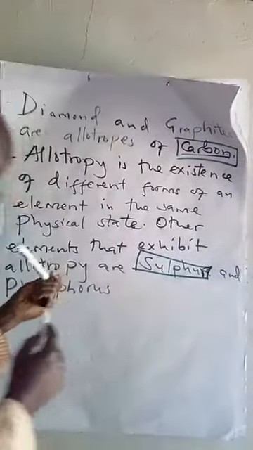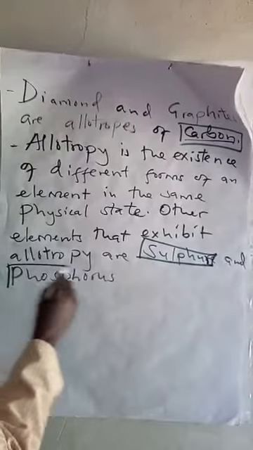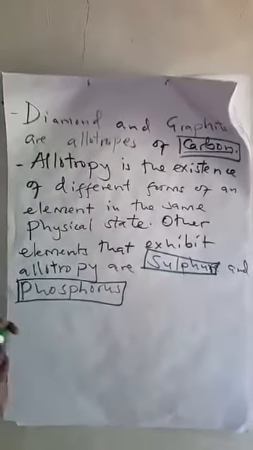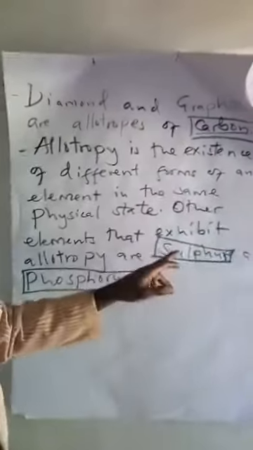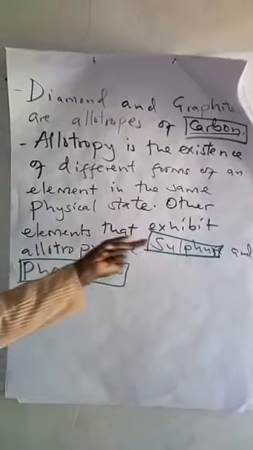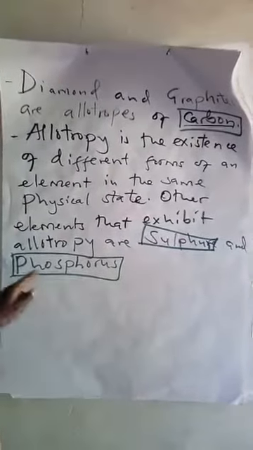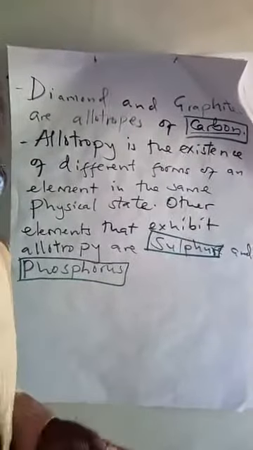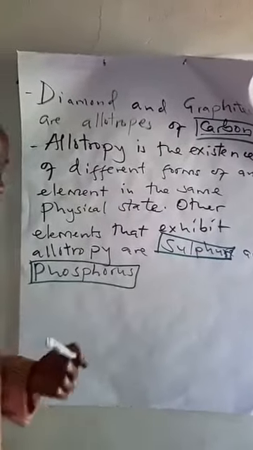Sulfur ends with R. Allotropes of carbon, we have said graphite, diamond. Allotropes of sulfur, as will be done in Form 3, are monoclinic sulfur and rhombic sulfur. Then phosphorus, we have white phosphorus and red phosphorus. So those are elements that exhibit allotropy.